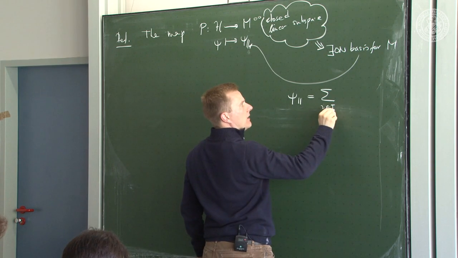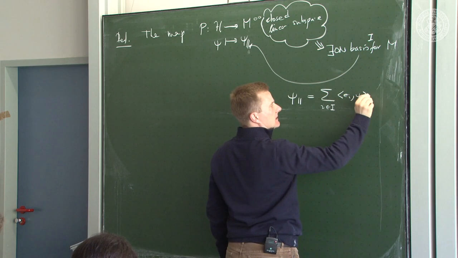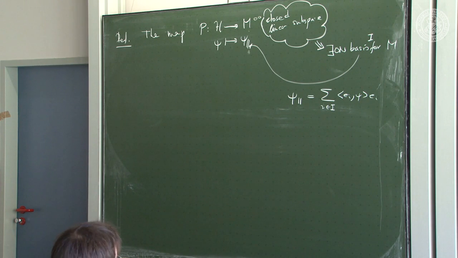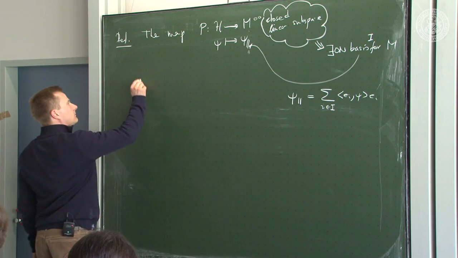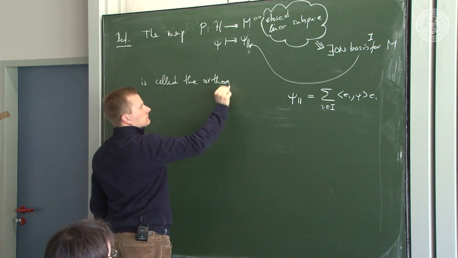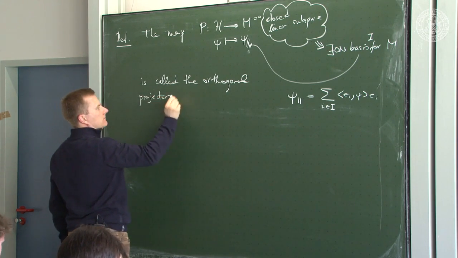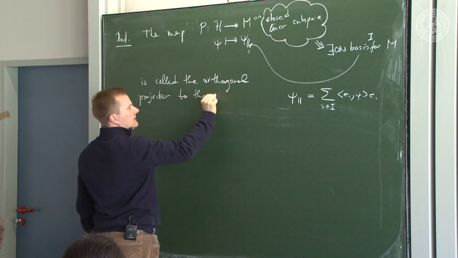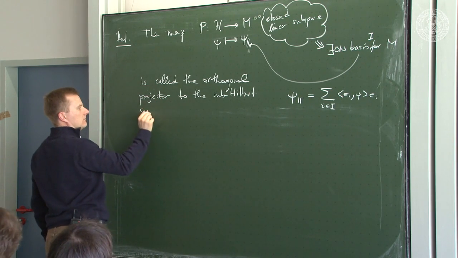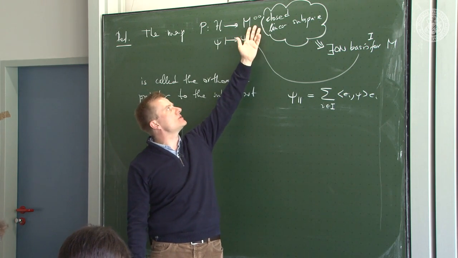I in I, where I is now the space, could be the spaces, EI, psi, EI of M. So this map P is called the orthogonal projector to the sub-Hilbert space M. And now you see, if this wasn't closed, you understand now this closure criterion.